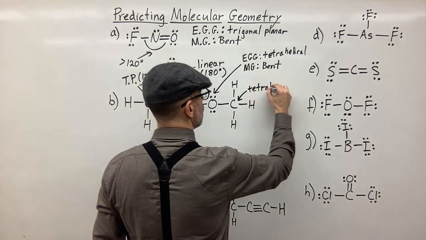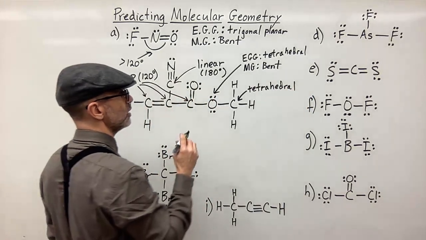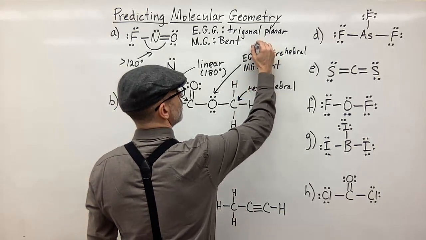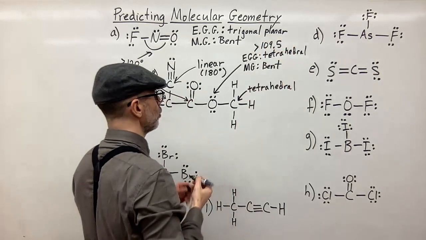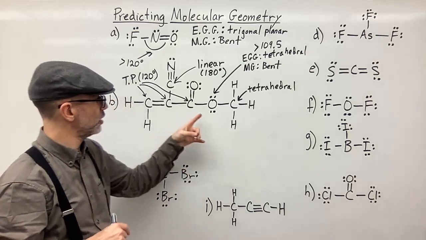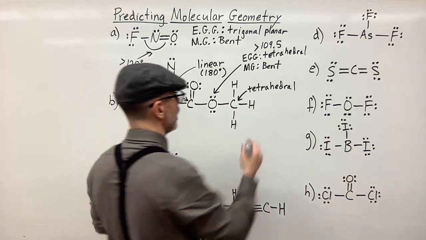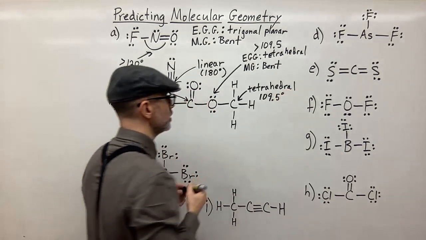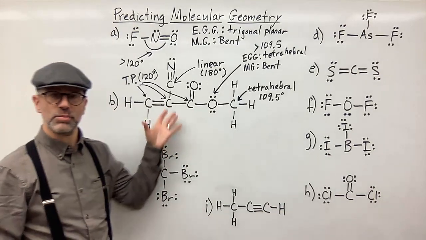And I forgot to mention the bond angle. Here, the bond angle is going to be less than 109.5. That's the ideal angle, but because of the lone pairs, it's probably going to be pushed closer together. In this case here, since we don't have any lone pairs, the bond angle is going to be 109.5 degrees. And then that's it for all of the central atoms for this molecule.